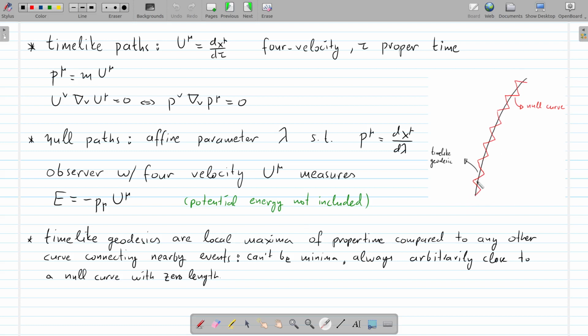So you see this is a time-like geodesic, and this is a null curve that is like this zigzag time. Of course, if you don't like the corners here, you can smooth them out. It will not change the conclusion. So you see that this cannot be a minimum of proper time, because there is always a curve nearby that has length equal to 0.